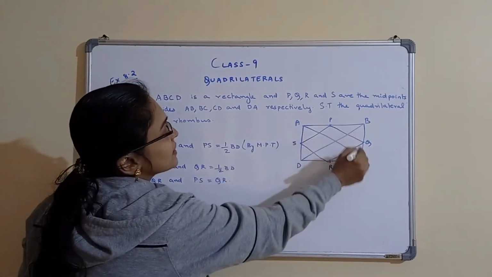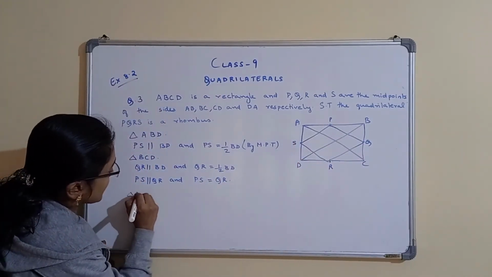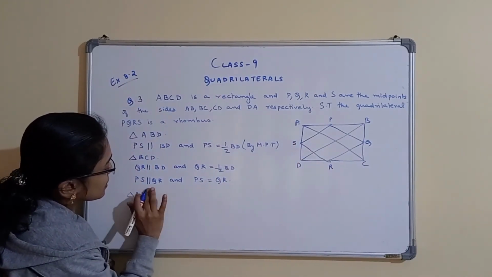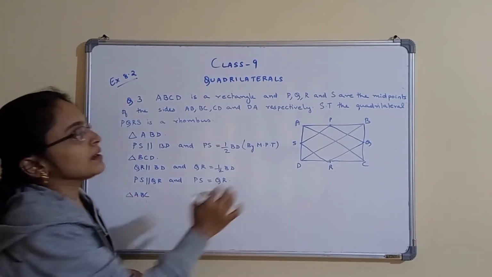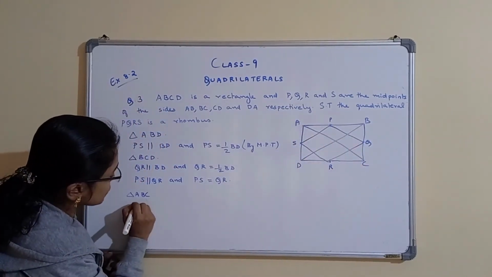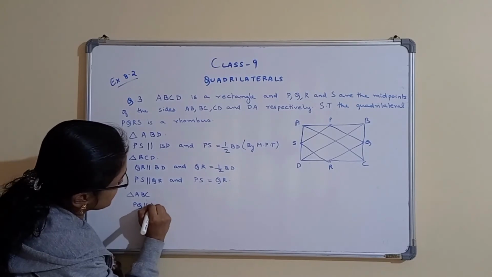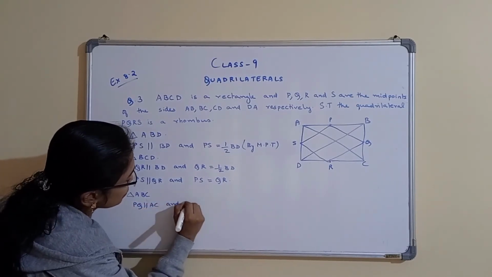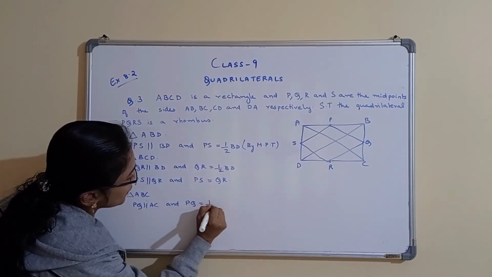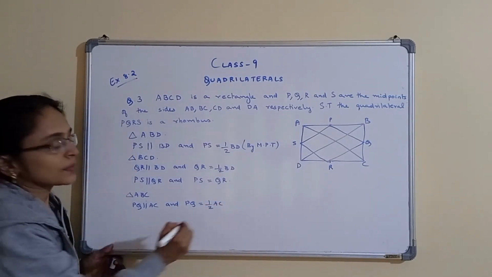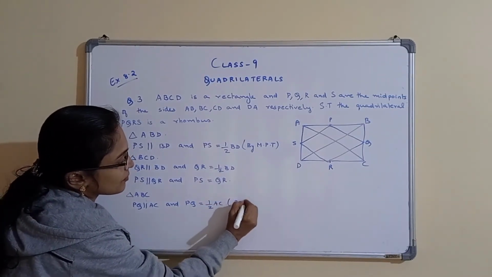Now take triangle ABC. Here PQ is parallel to AC and PQ is equal to half of AC by midpoint theorem.